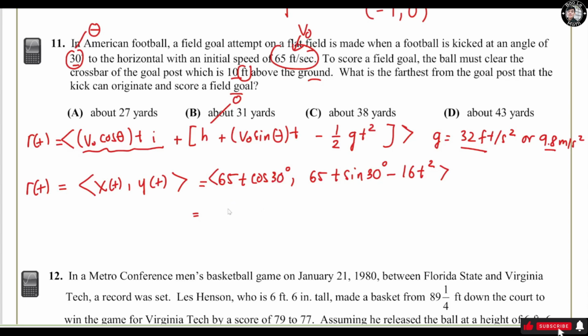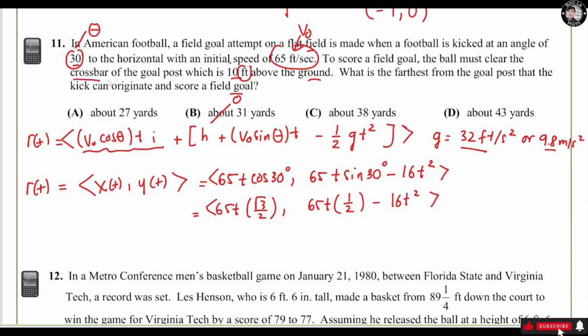So you have 65 t times root 3 over 2, comma, sine of 30 is going to be 1/2, right? So it could be 65 t times 1/2 minus 16 t squared, right?